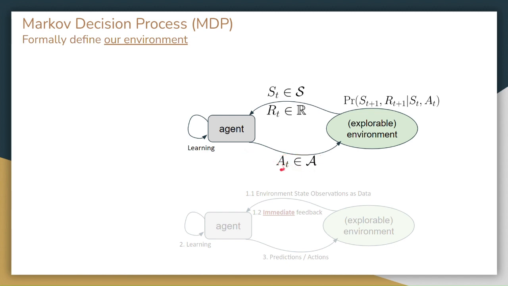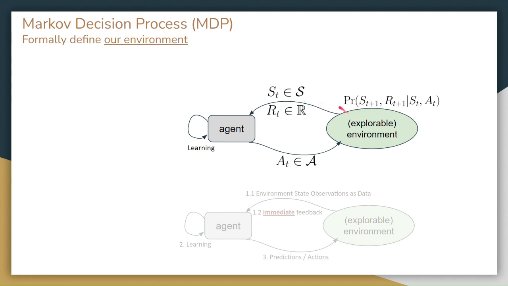The agent sends action A at time step t. This action has to be well defined; it has to be in this possible set, calligraphy A. It's the same thing as in the English text. Environment sends the state after getting the action, the state at time step t, as well as the reward at time step t. They are the same thing, just using mathematical notation.